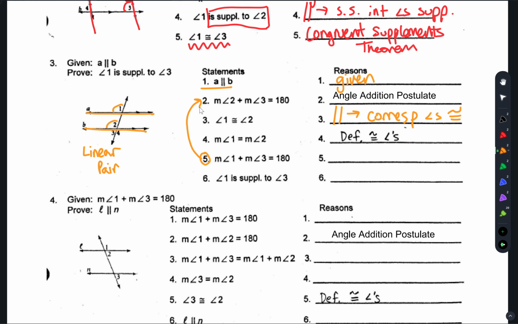What did I replace in line 2? I replaced angle 1 and angle 2, and I can do that because of the information I just got in step 4. That is substitution. What's number 6?